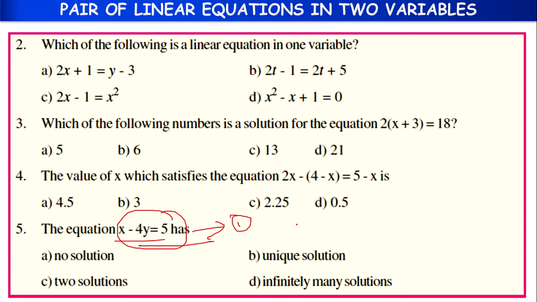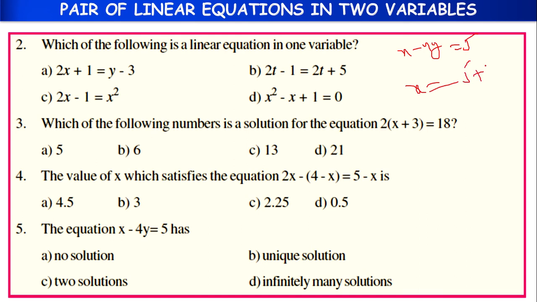Suppose this equation can be written as x equal to 5 plus 4y, with 4y moving to the other side. We can take a y value and we will get the x value.